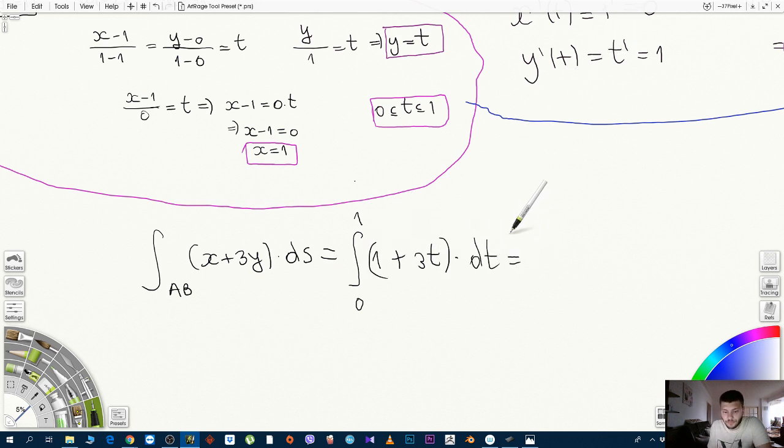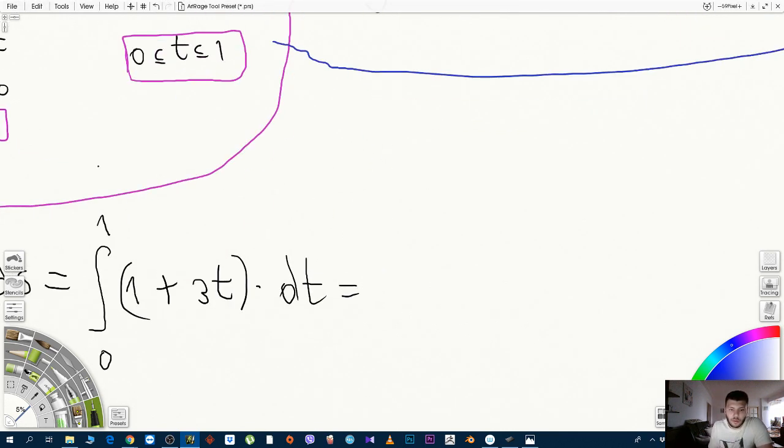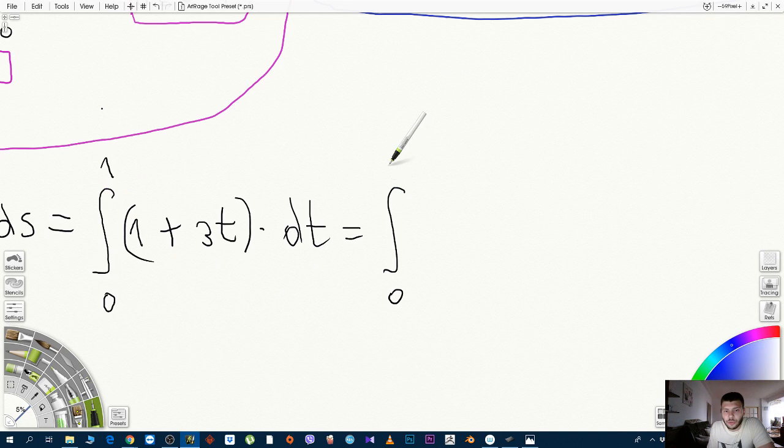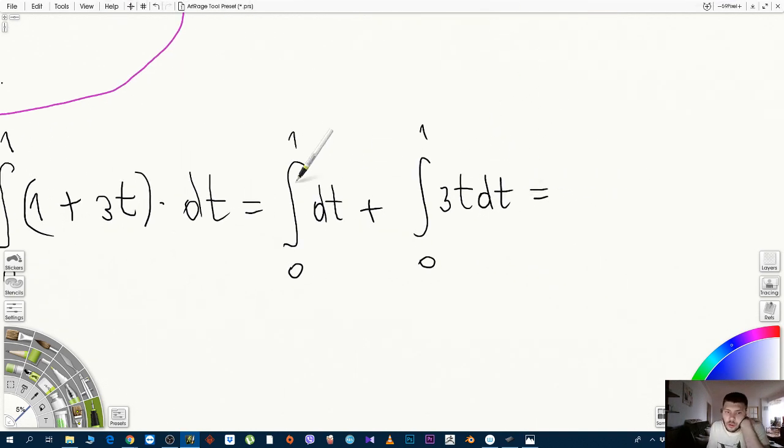So we have integral from 0 to 1 dt plus integral from 0 to 1 3t dt, which is equal to 1 plus 3 halves using Newton-Leibniz formula.